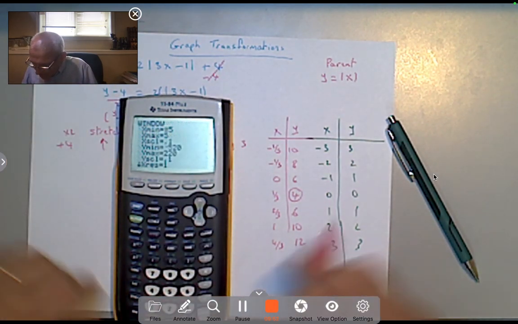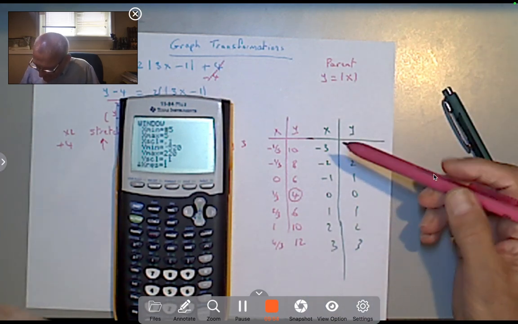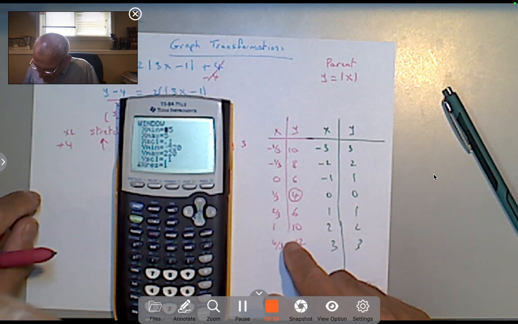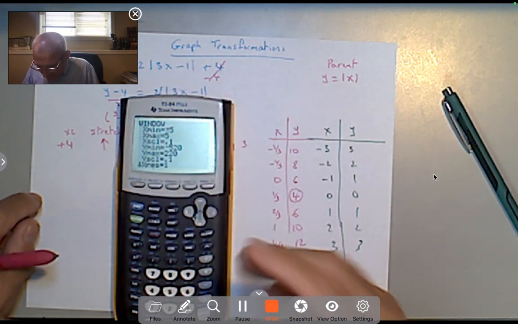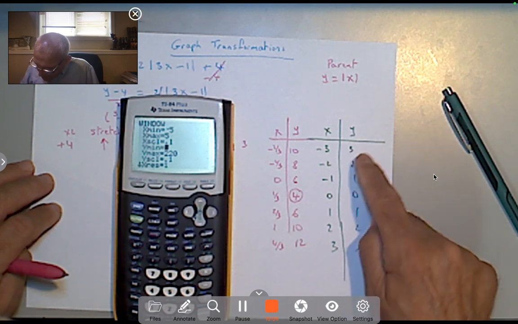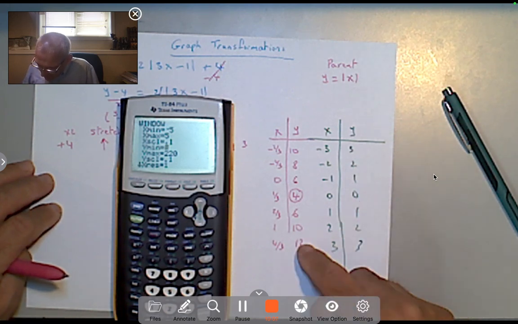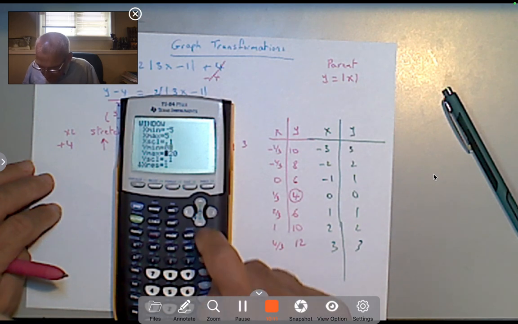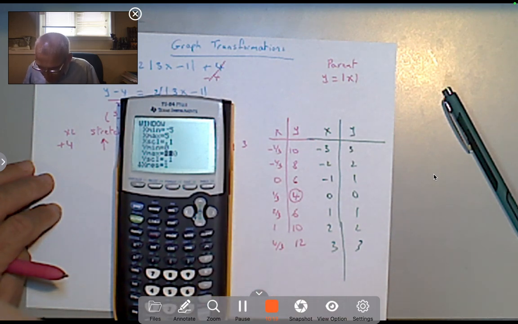I'm going to change the window. My smallest x is -3, so I can start from -5. The highest is 3, so that's fine. But when I go to the y, of course, I will change that. So the lowest y is 0 and the highest is 12. So I can say 0 to 20, for example.